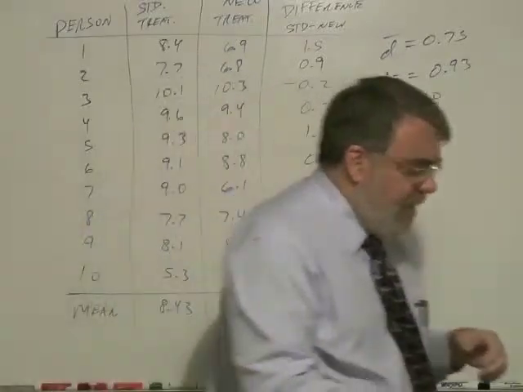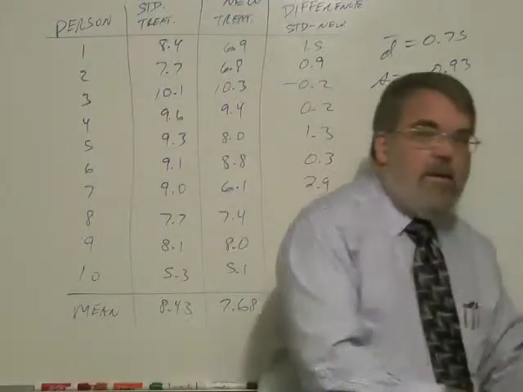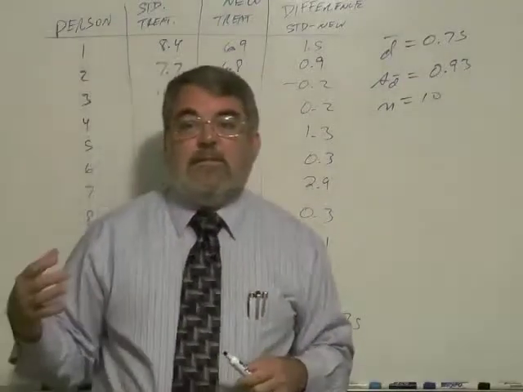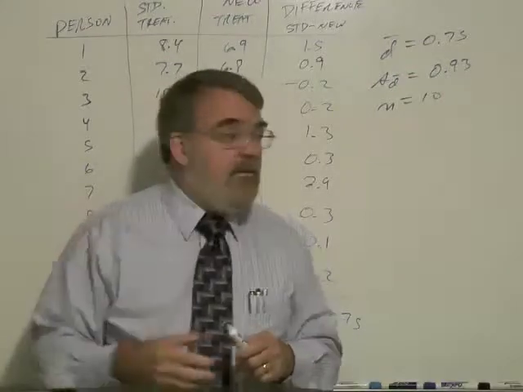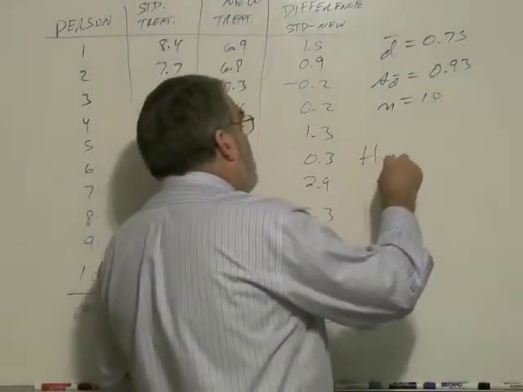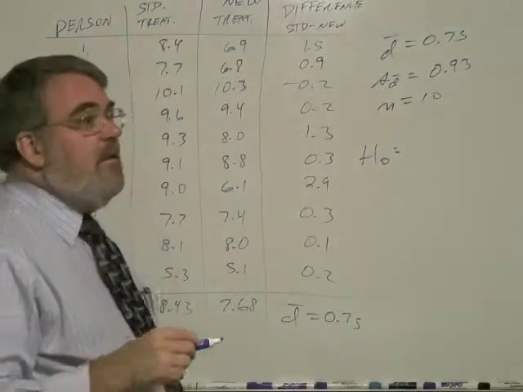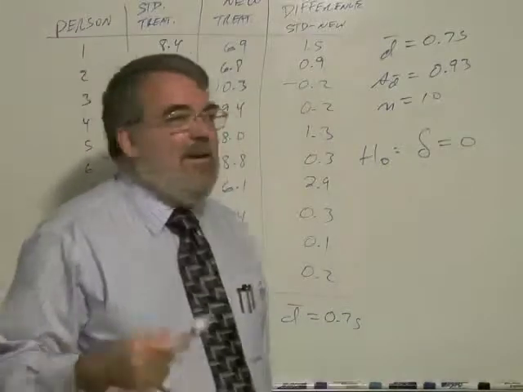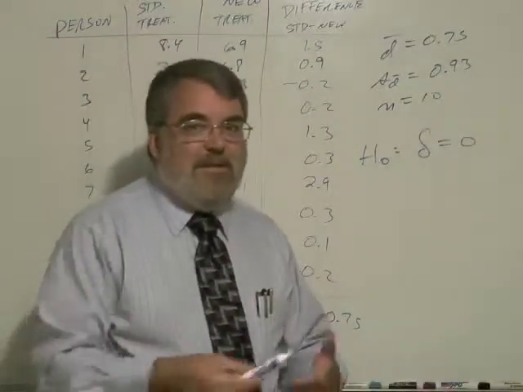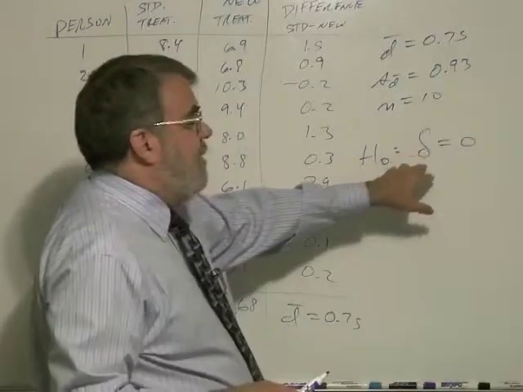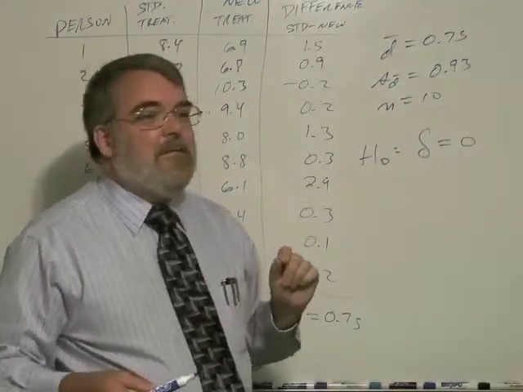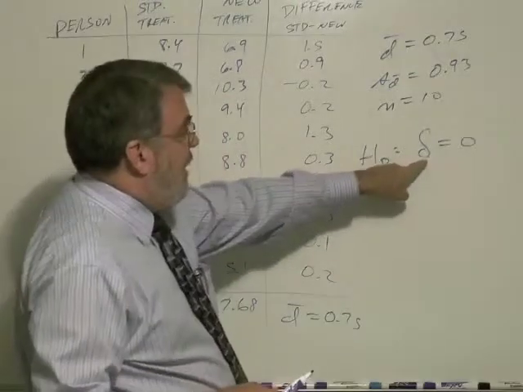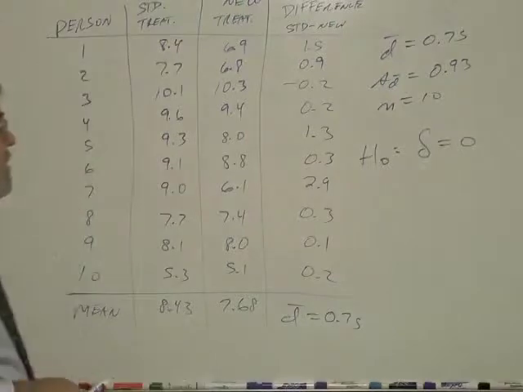So here's the question. Looking at it this way, is it possible that this number is significantly different from 0? In other words, if the difference was 0 between the groups, delta equals 0. I hate to do this to you, but consistent with what these statisticians do, they use Greek letters for population numbers, and so the Greek letter for D is delta, and delta looks like this funny thing here.